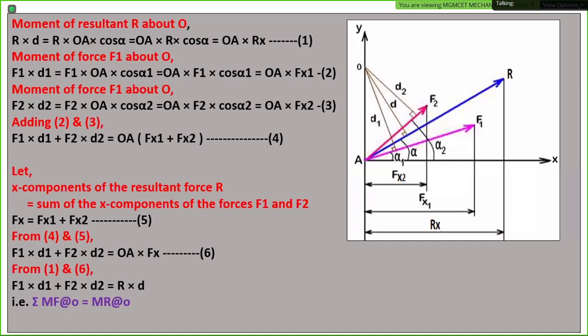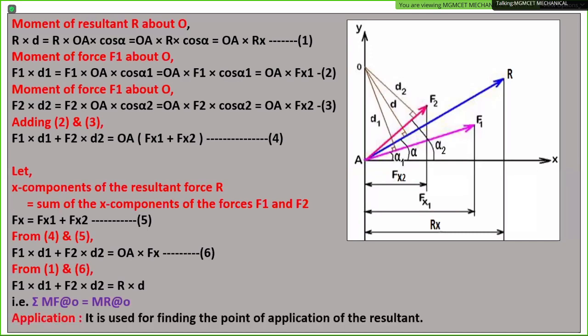R into D. That D distance is the perpendicular distance of the resultant from the point O. That D is nothing but the point of application. So Varignon's theorem से मुझे क्या मिलता है? It is used for finding the point of application of the resultant. That is the distance D you are going to find out by applying Varignon's theorem here. So this is the Varignon's theorem statement.